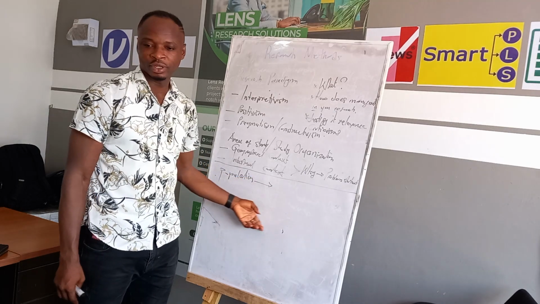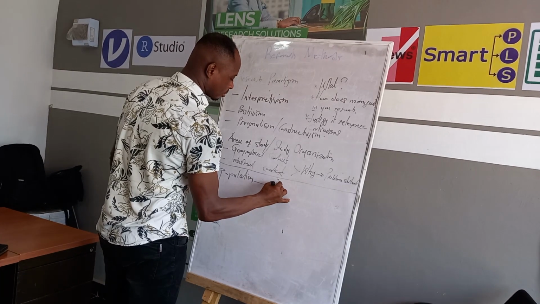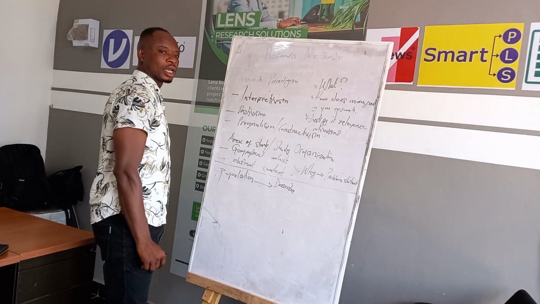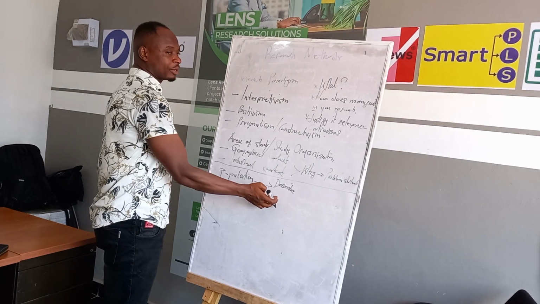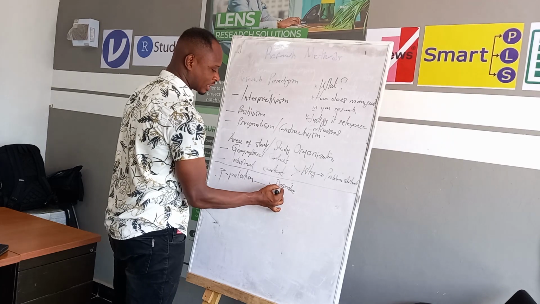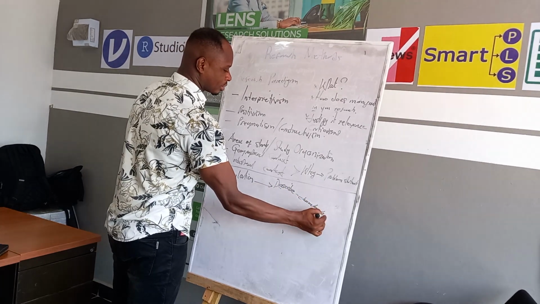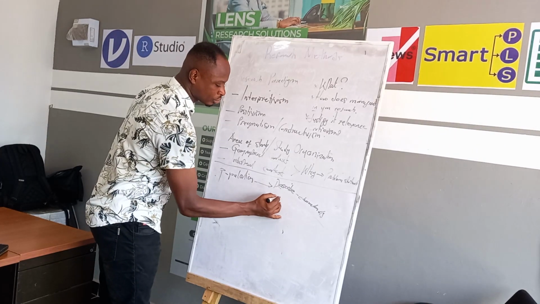Let's make it very easy for ourselves. You have to describe the population. In describing them, you talk about their characteristics, okay? Characteristics of that particular population. Then you have to also talk about the total number.